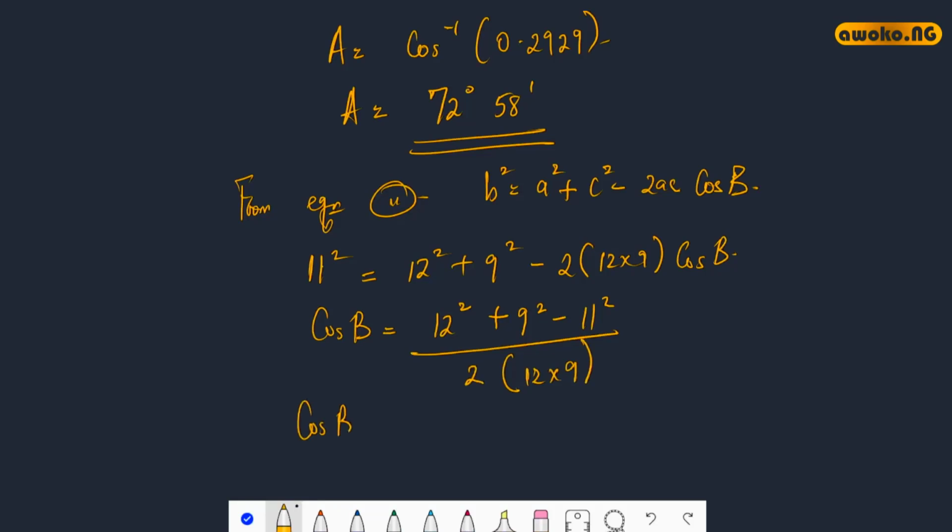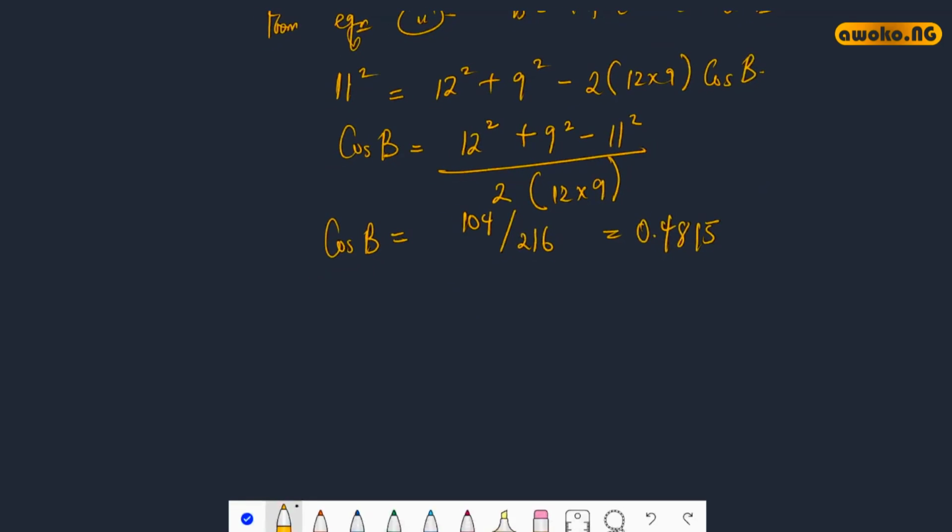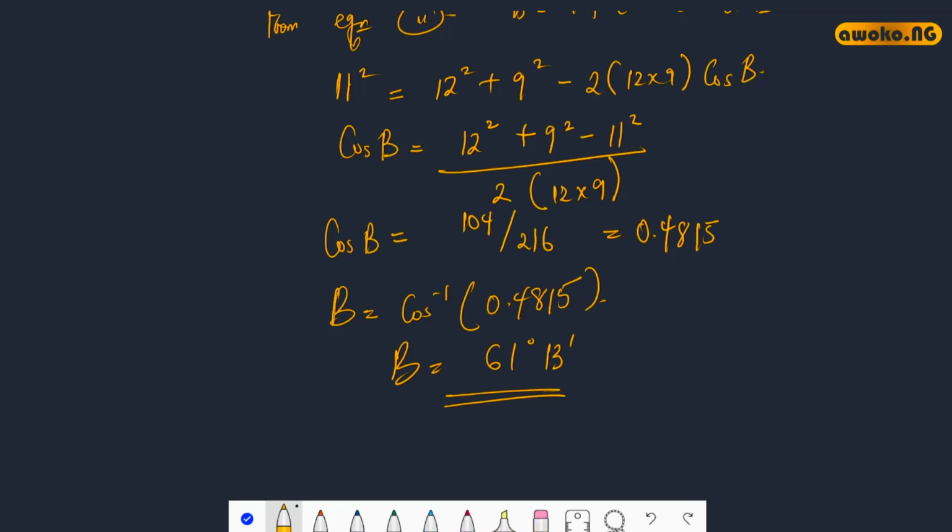Then cos B will be equal to 104 over 216 if you calculate it very well, which gives us 0.4815. Then just like we did in the case of A, B will be equal to the cos inverse of 0.4815. If you punch this in your calculators, you'll realize that your angle B is equal to 61 degrees 13 minutes. So this is our angle B.